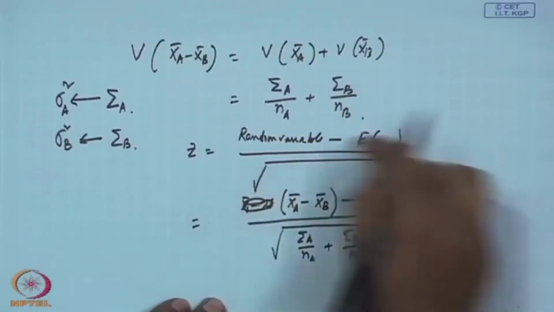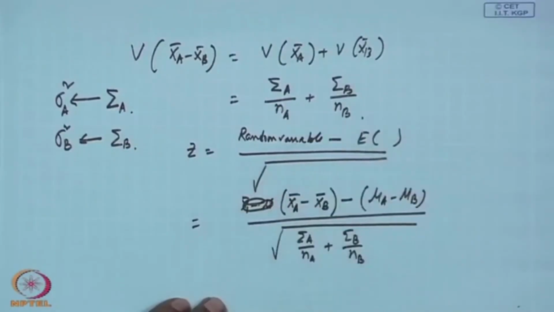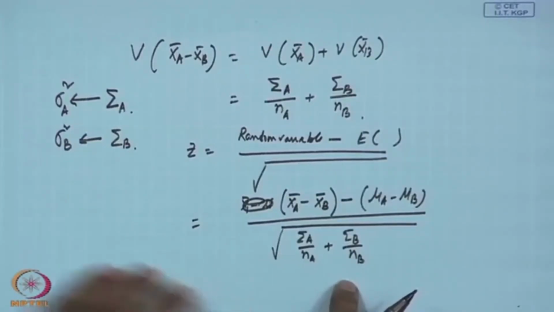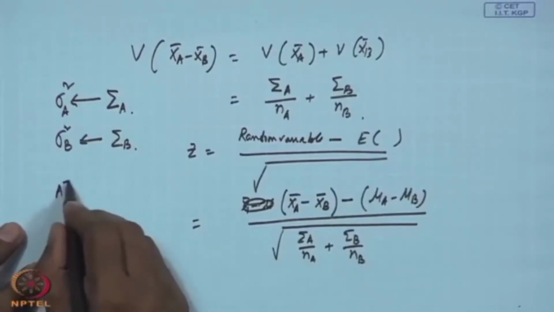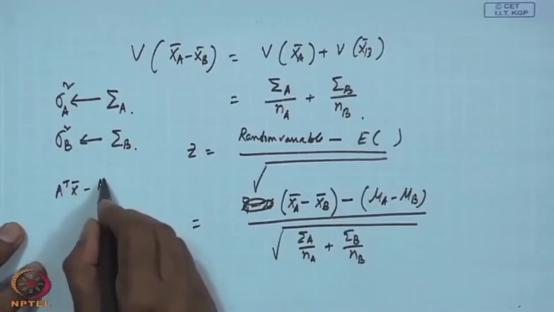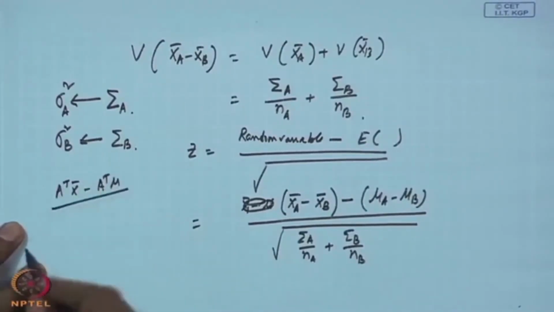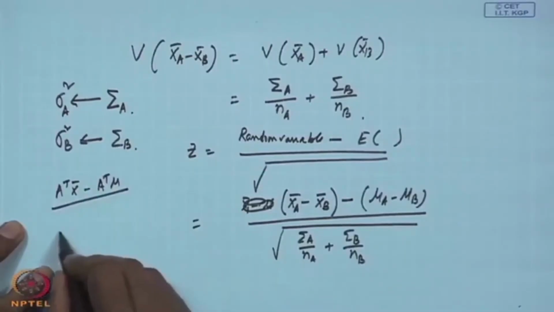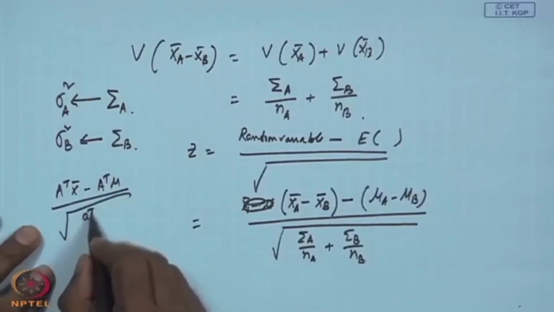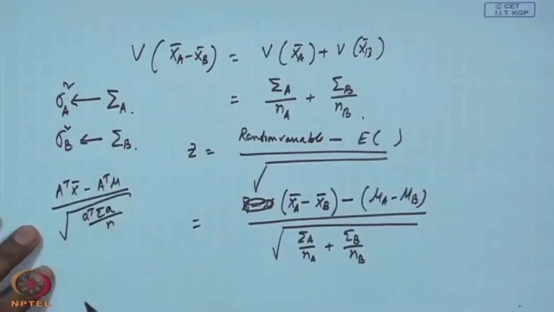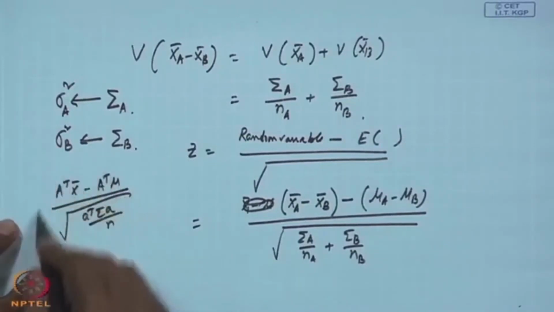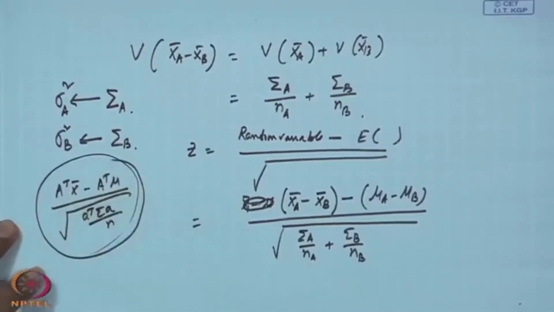Now, this is in the multivariate domain, and you have already seen in the univariate case that similar things were created, when I wrote A transpose x bar minus A transpose mu divided by the square root of A transpose sigma A by N. This is for only one population case.